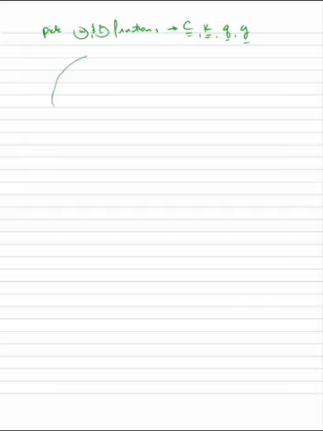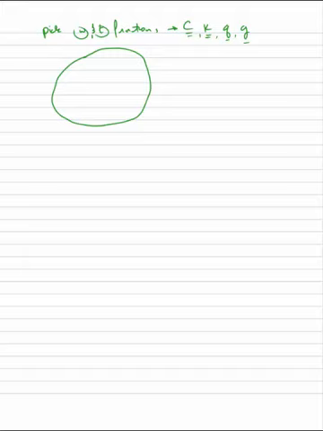So here's our computational domain, and our discretization consists of elements, and the edges of the elements are nodes. So for example, this might be node I, and let's draw some other nodes here.